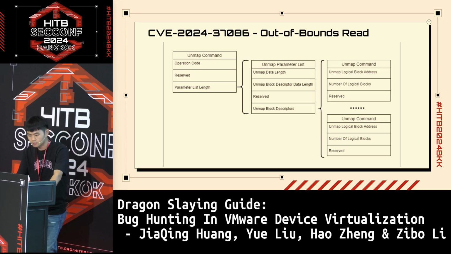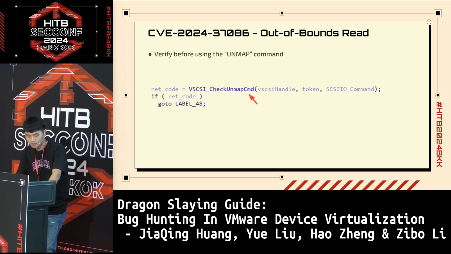Both fields indicate length. Unmap block descriptor data length indicates the length of all subsequent unmap block descriptors. Parameter list length includes not only the length of all unmap block descriptors, but also the length of the unmap parameter list header. Let's see the VMware implementation.